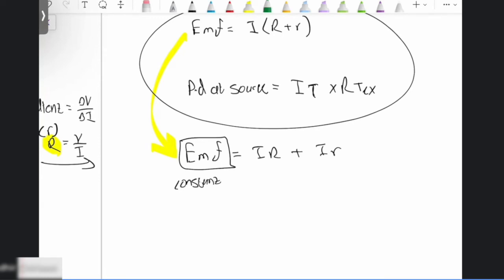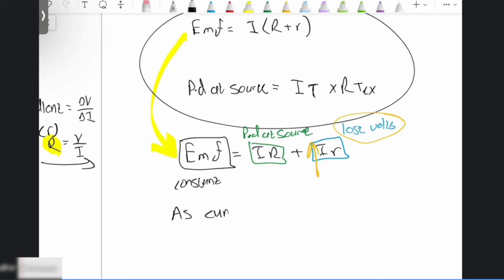Now, remember, this would essentially represent your total voltage. This would be your potential difference at your source. That's what this piece would represent. PD at source. This would represent lost volts. Now, using that logic, if your current increases, the amount of lost volts that you have would also increase. So that's something you need to know.